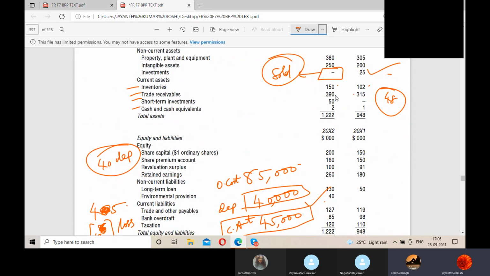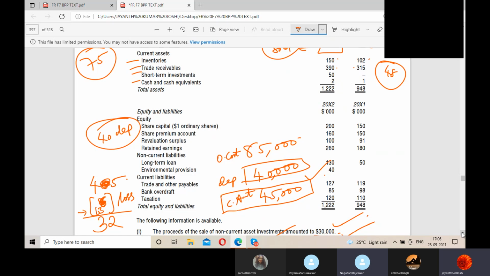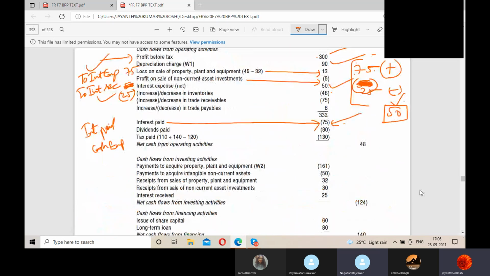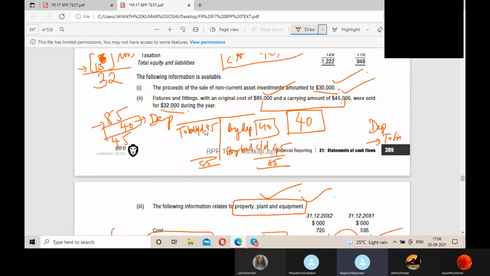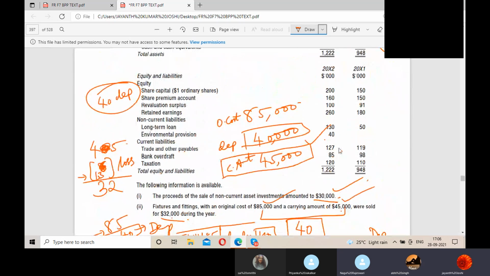Receivables 315 and 390. What's the difference? That means our receivables have increased by 75. We did not get cash, minus 75. And payables.